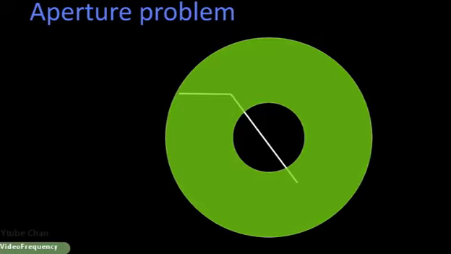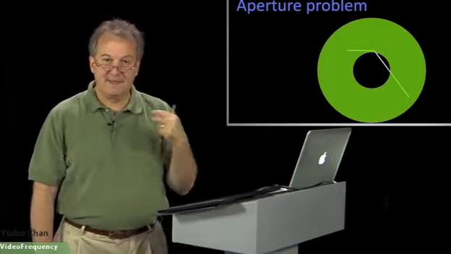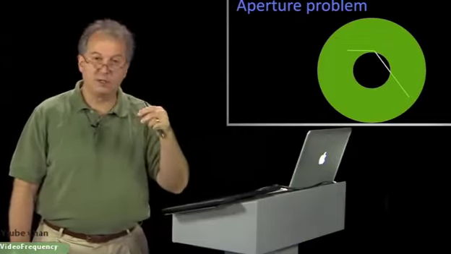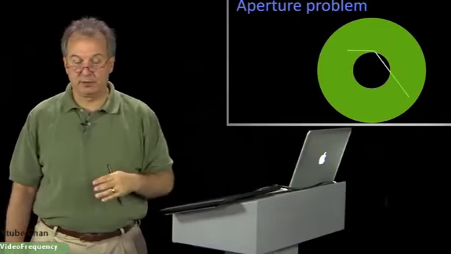So now this is the same motion. If you look at the corner, you can tell this thing is moving over and down a little bit. But if you were to look just inside the circle, it looks like it's moving up, not down and over. That's the aperture problem. You can only tell the motion locally in the direction perpendicular to the edge.